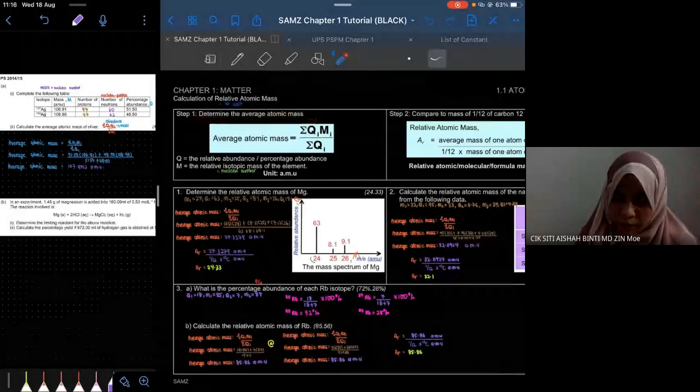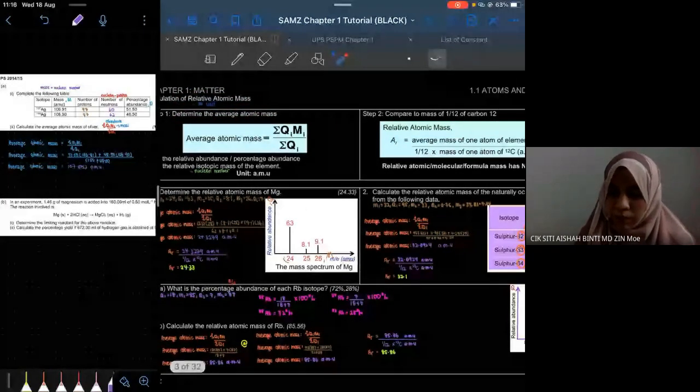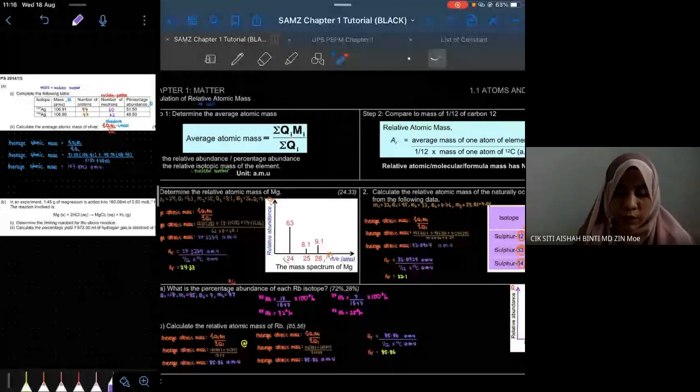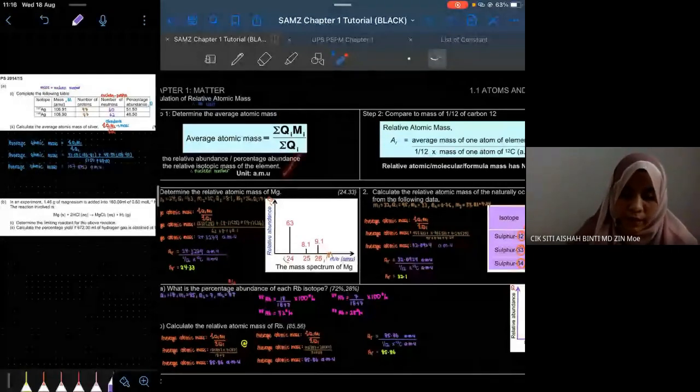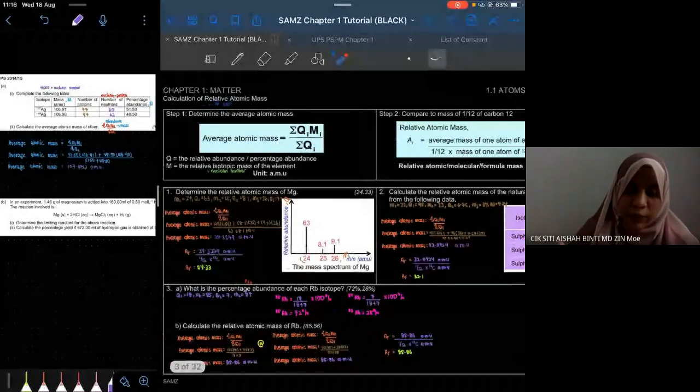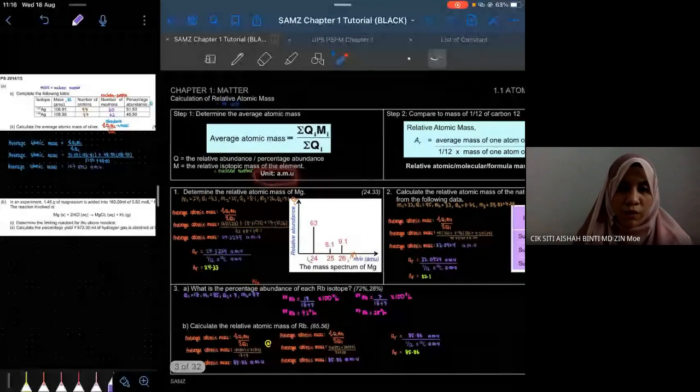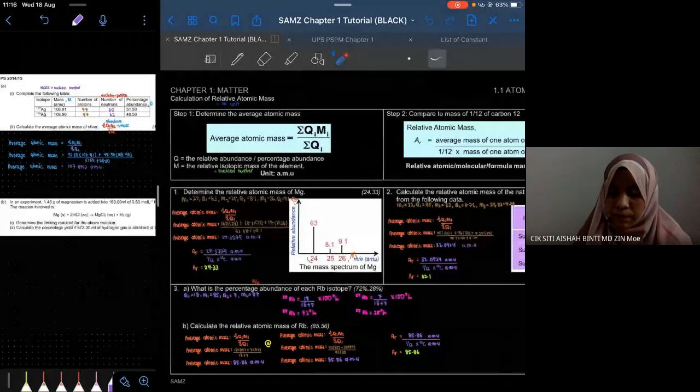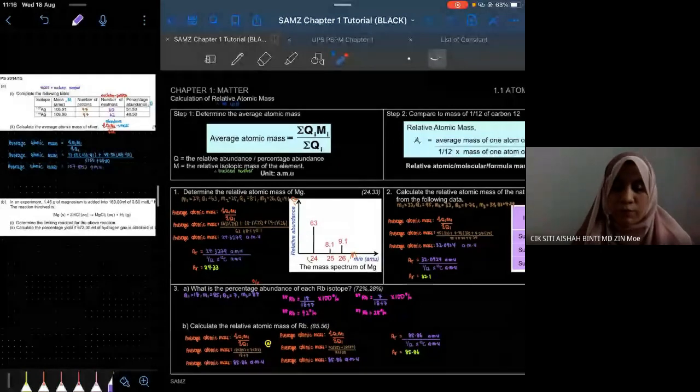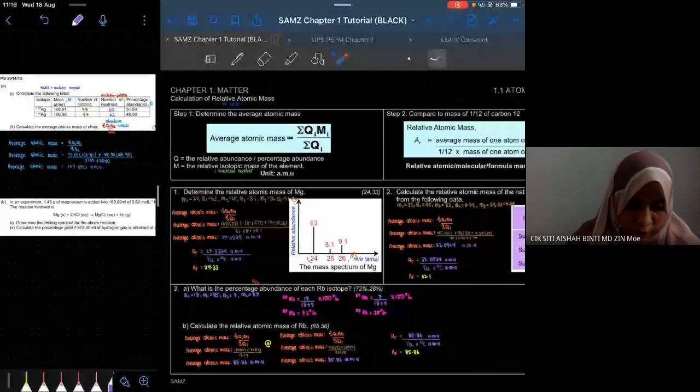Second, compare with the mass of 1/12 of carbon-12. This question only asks you to determine the average atomic mass, so this is all you need to do. Remember, step 1 has a unit. If they ask for the relative one, then you do the second step, the comparison, and then there is no unit. So that's question 1A.